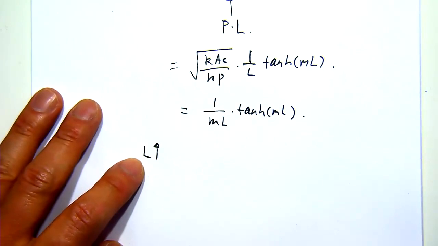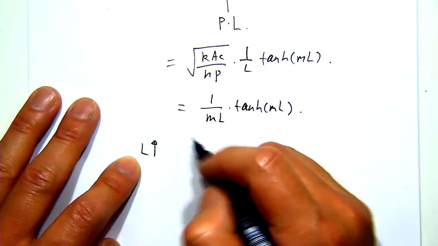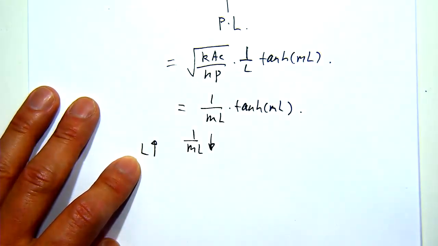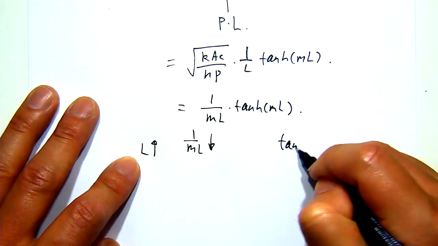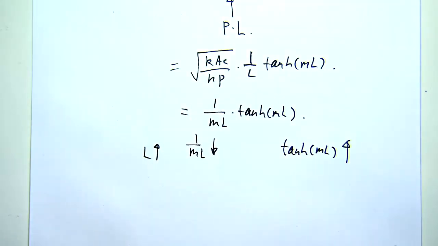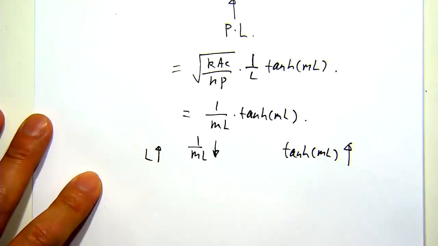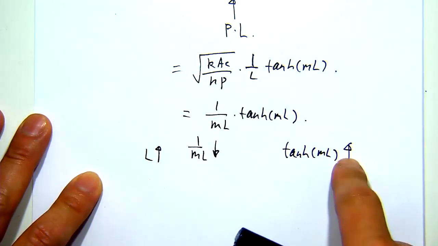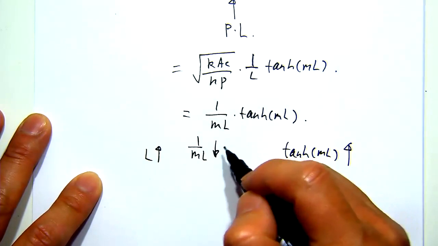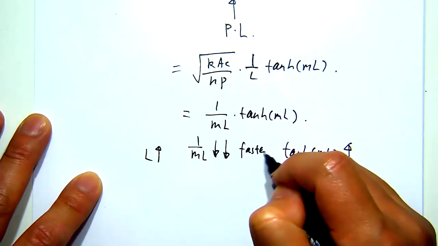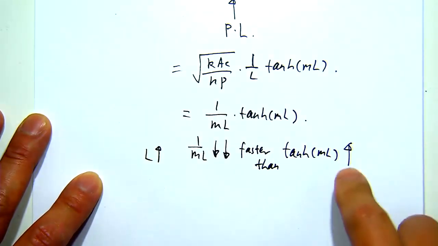So when you have length increase, the 1 over mL will definitely decrease, and the hyperbolic tangent of mL will definitely increase, right? So there are two competing factors. But if you plot it, you can find that this term decreases much faster than the increase of the other term.